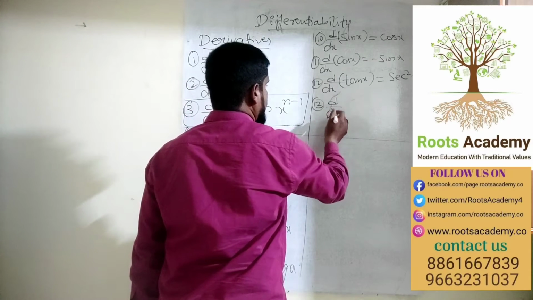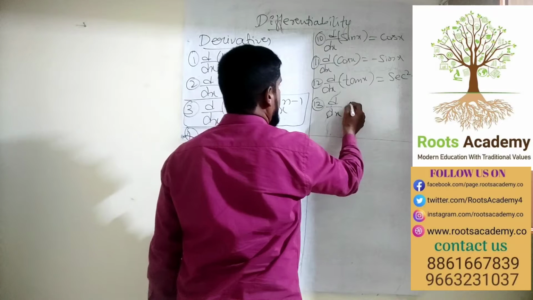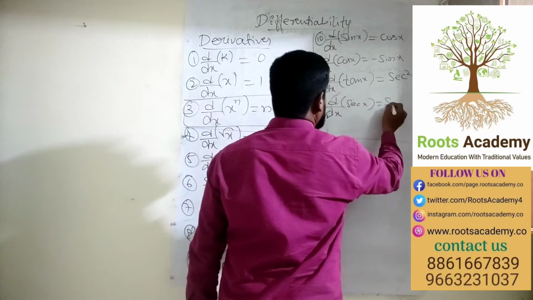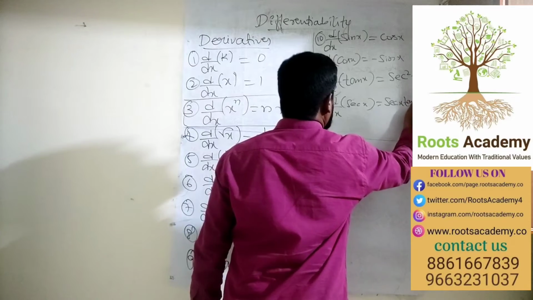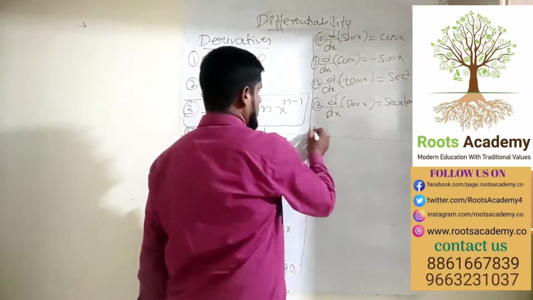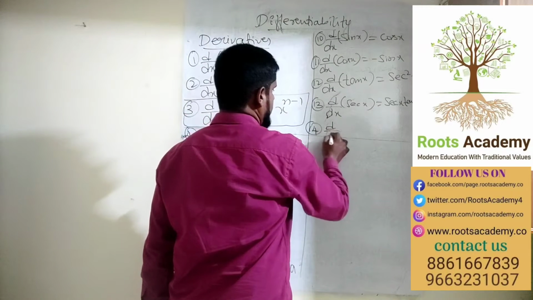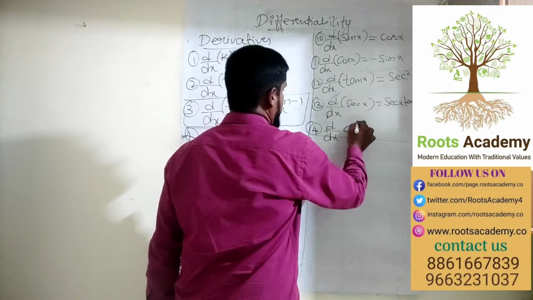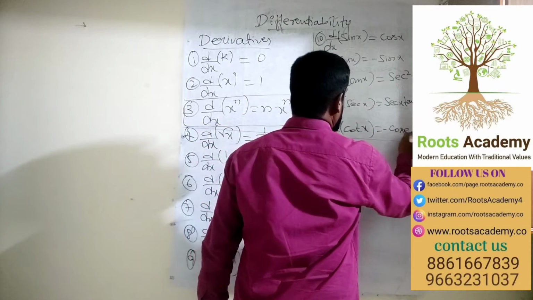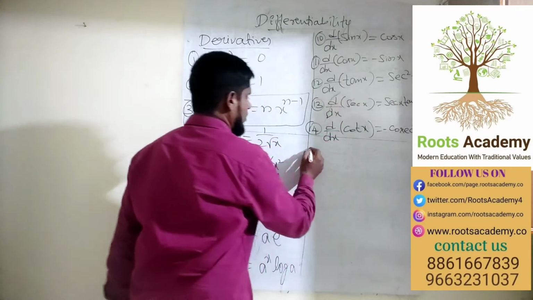Next, d by dx of secant x is secant x into tan x. And the next, d by dx of cot x is minus cosecant square x.